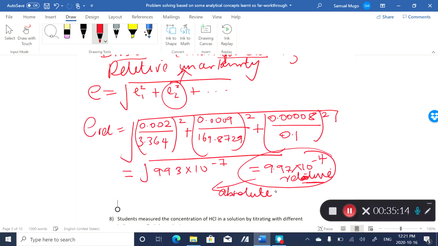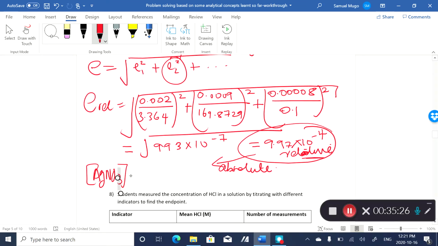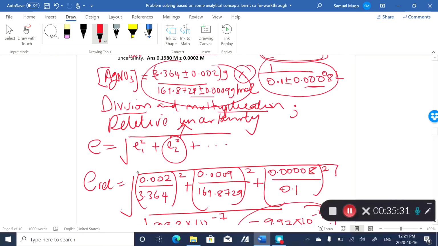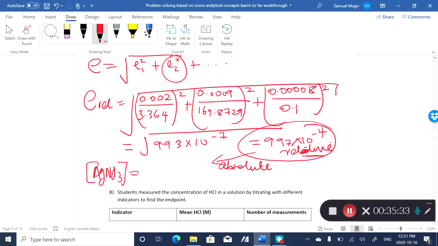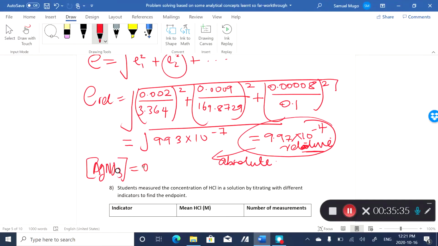And the way to convert that, remember, is to multiply it by the determined value. So if you did the nitrate concentration, you would find the concentration you get is 0.19803 plus minus the absolute uncertainty.